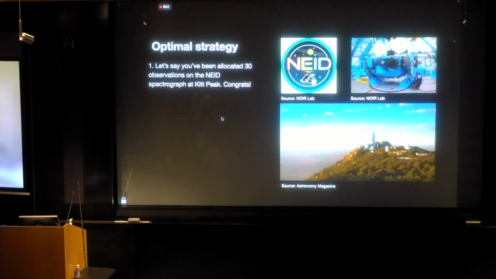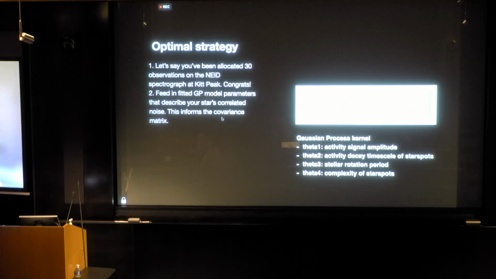So let's say you propose to observe 30 nights of AU-MIC-B, and you get these observations awarded to you by the Newitt spectrograph. So that's great. So now the question is, how do I spend this coin? And the first thing you would do in the pipeline, in this framework that we've created, is to feed in your stellar noise model parameters.